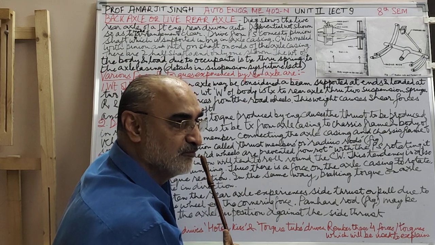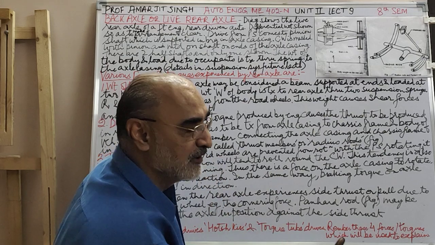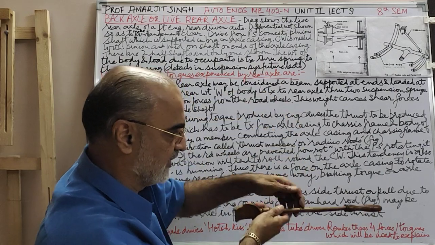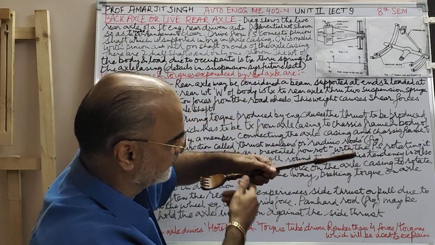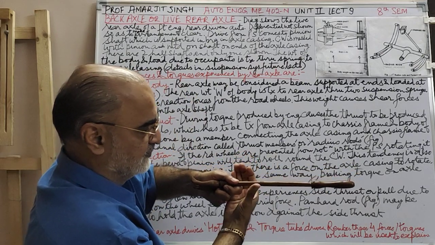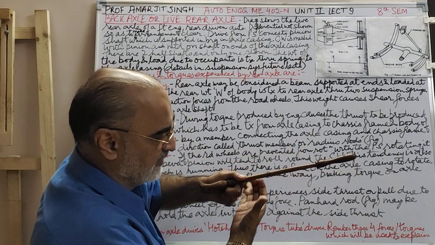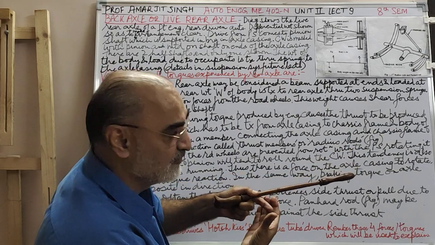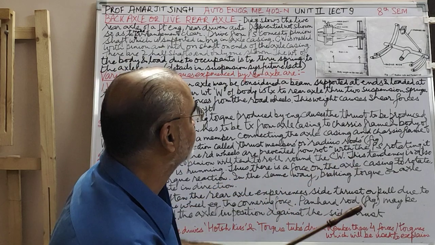If you have gone to a workshop, the general arrangement is that there are U-bolts. This is the axle, the U-bolts, and the springs are mounted. The two spring ends, or the eyes, are mounted on the chassis. Various arrangements are there which we will study ahead.